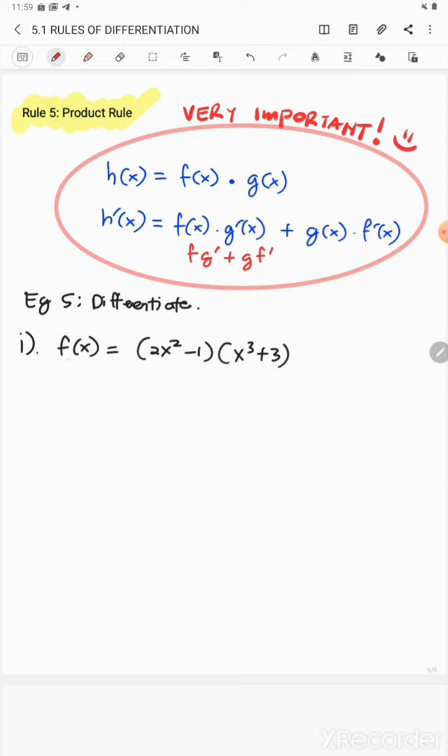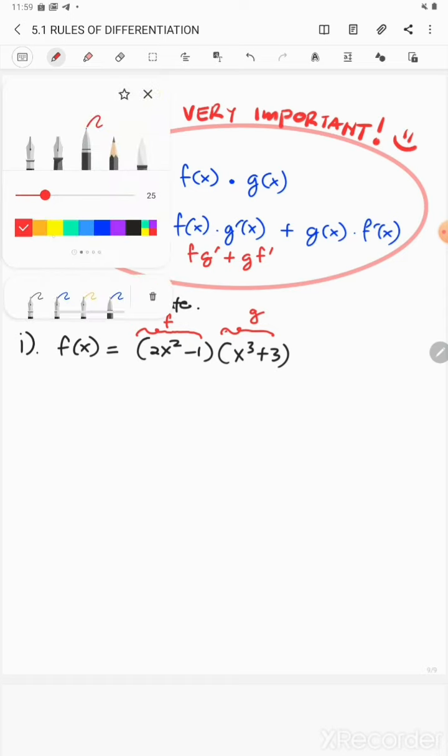Differentiate f(x) equals 2x to the power of 2 minus 1, this one will be f, and then x to the power of 3 plus 3, this one will be g. Remember the formula, f g prime plus g f prime.